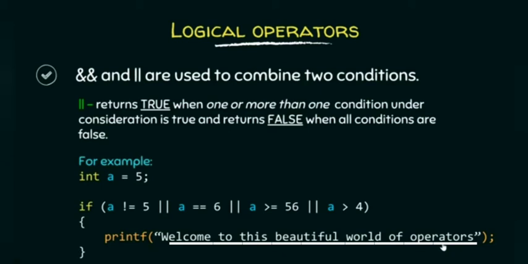This is very simple to understand. If suppose this condition were also false, then we would get out of this if construct and we would not be able to print this statement.